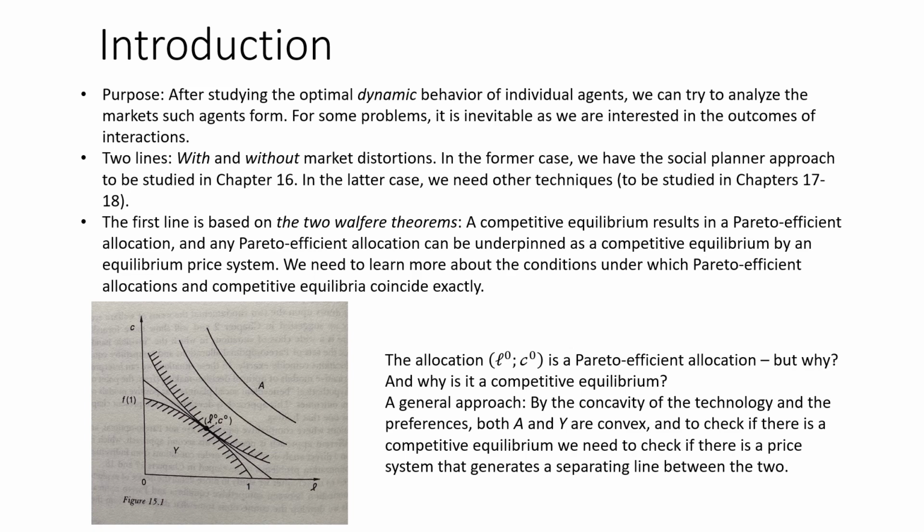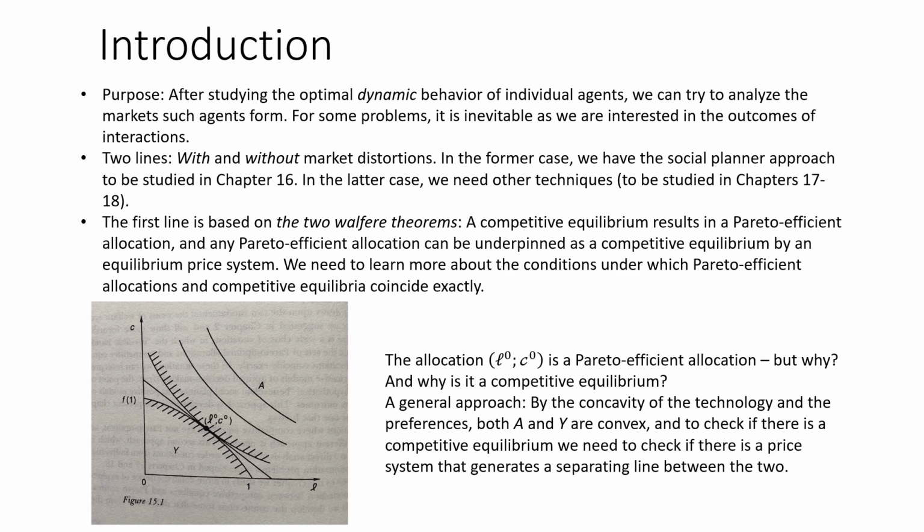We know that the allocation L0 C0 is a Pareto-efficient allocation, because this allocation is on the borderline of the technological possibilities. So we can know that the agent utilizes all the resources in an allocation. And in this point, the technological limit touches the highest possible indifference curve.